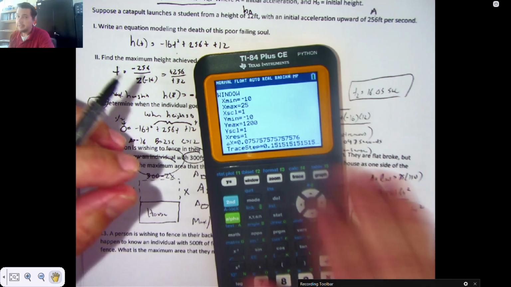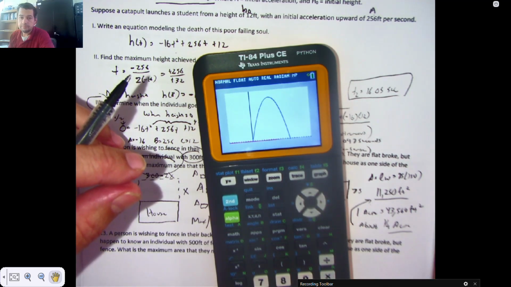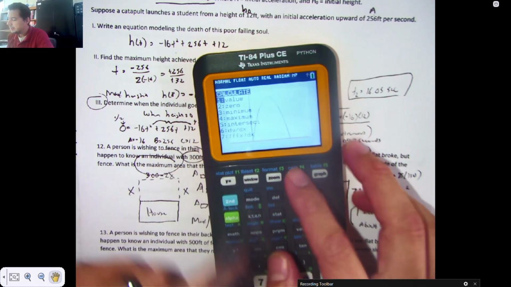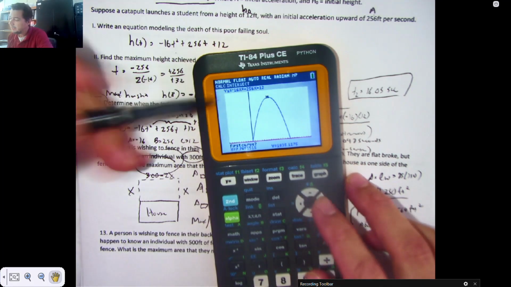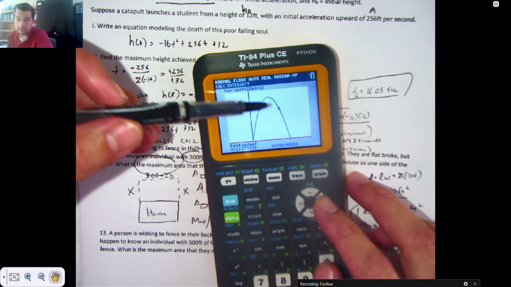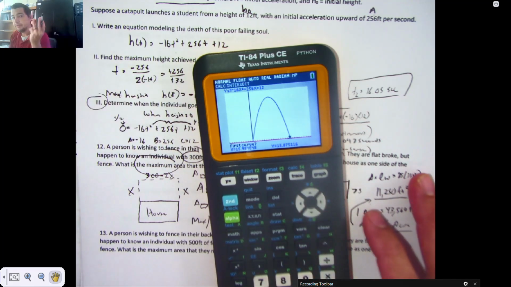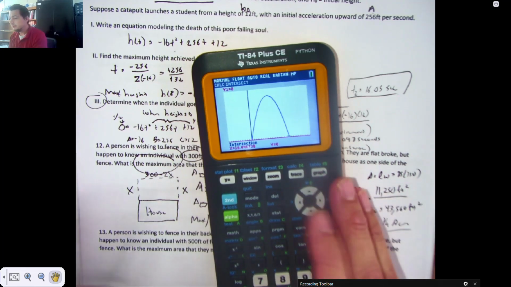I'm just going to set my X max to 25 just to look right. And I can see those two are crossing points now. I'm going to hit second trace 5 for intersect. That's something we've done. I'm going to take my cursor, get it close, and press enter 3 times. 1, 2, 3.